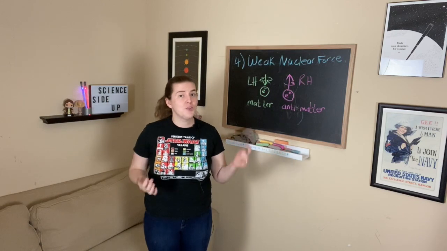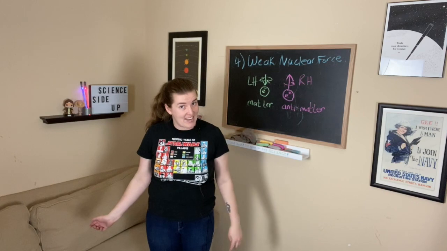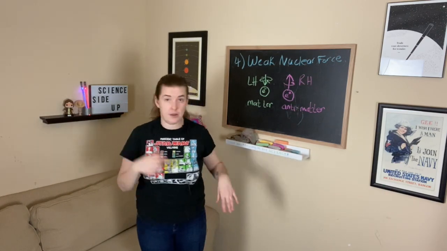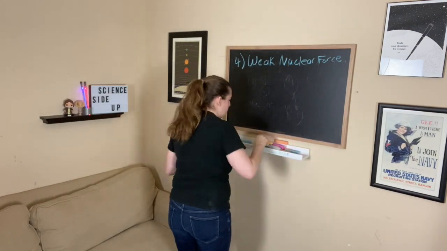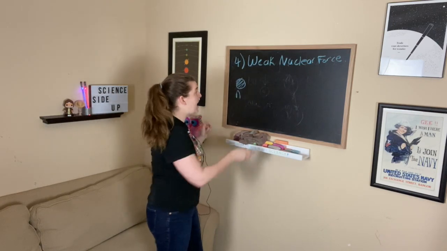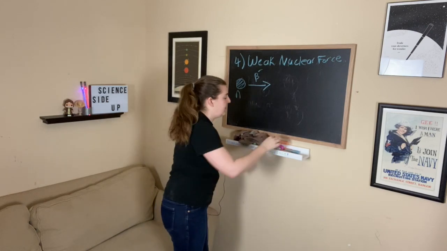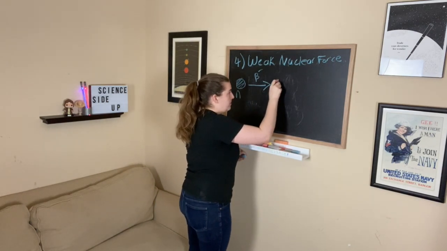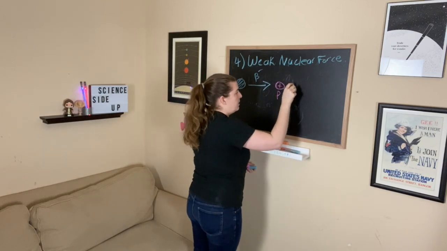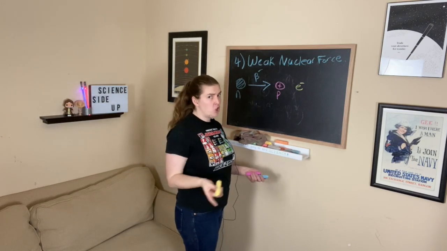So for example, the weak force is very important for beta minus decay. Let's think about a free neutron flying through space all on its lonesome. Now, this neutron will actually decay by beta minus decay into a proton, an electron, and an antineutrino.